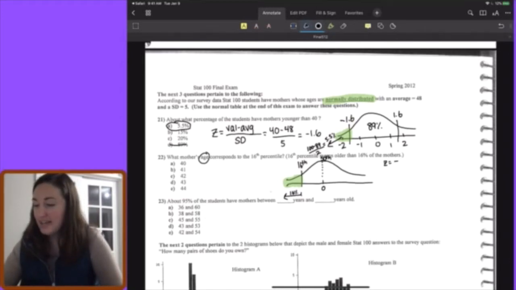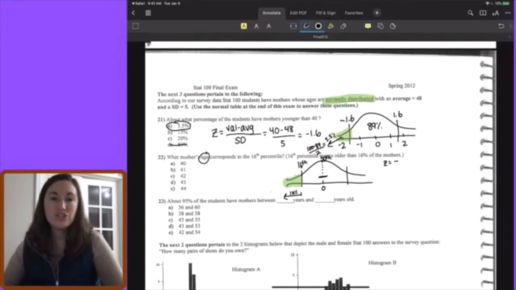I guess what I could do is figure out my middle area and then figure out my z-score and then just change it to an age. But the middle area here is not going to be 16%. That's the percentile. So what we did back in chapter 5 was say, to find this middle area, I like saying how far is your percentile from 50?